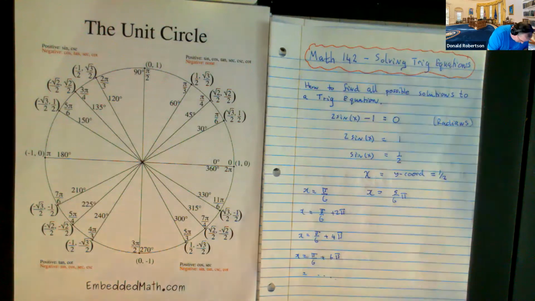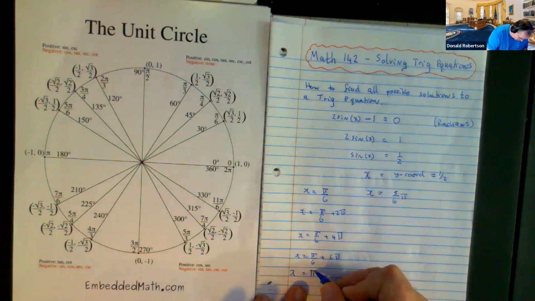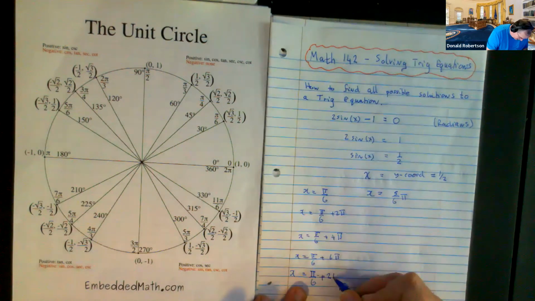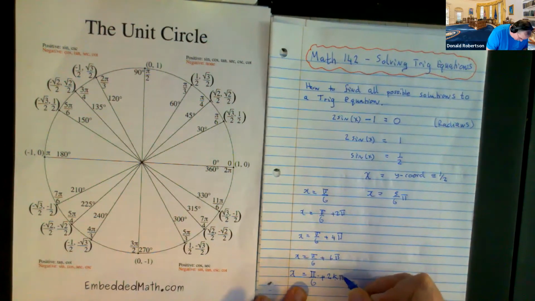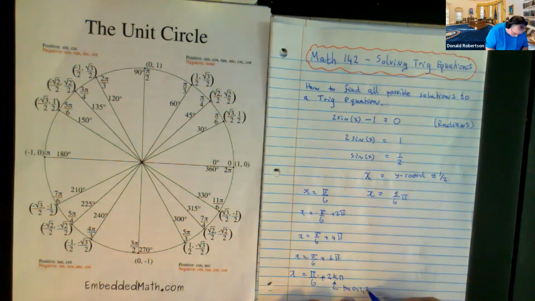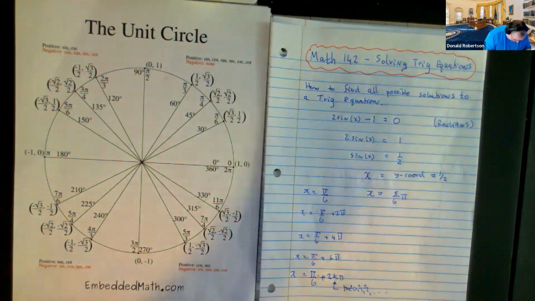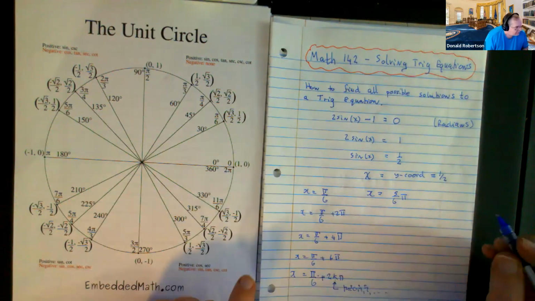So how do you write down all of these answers? You call it pi upon 6 plus 2k pi. And we use the letter k. And k is basically any number, 0, 1, 2, whatever. Technically, plus or minus. So far, so good.